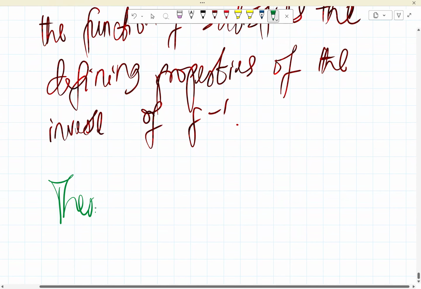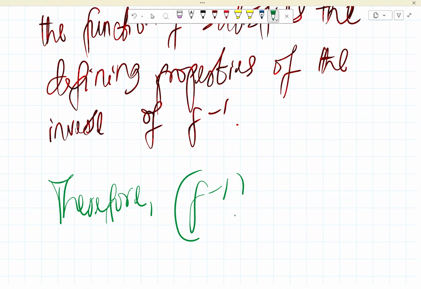Therefore, the inverse of F inverse is equal to F.